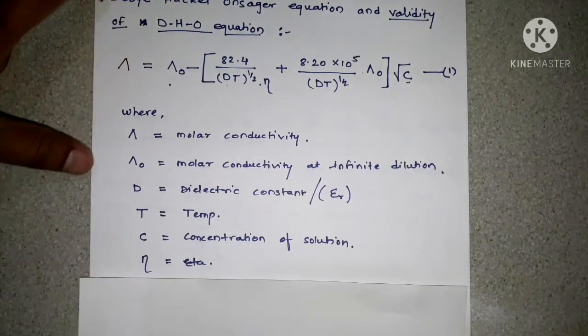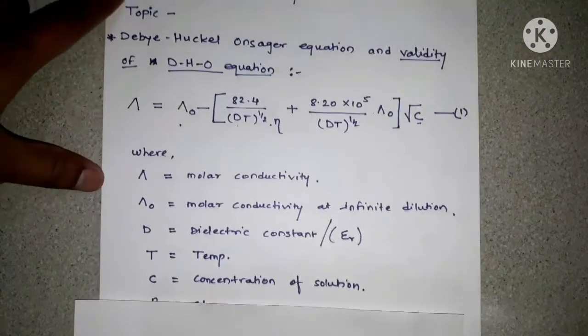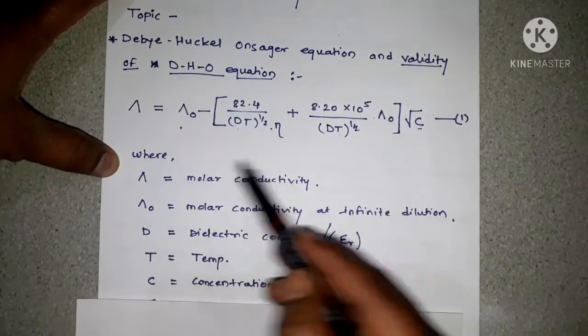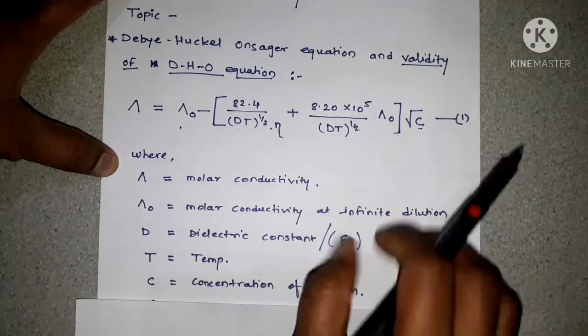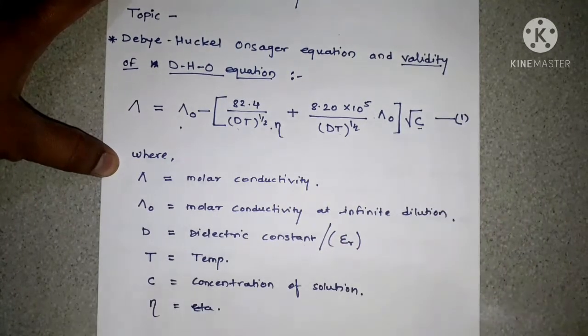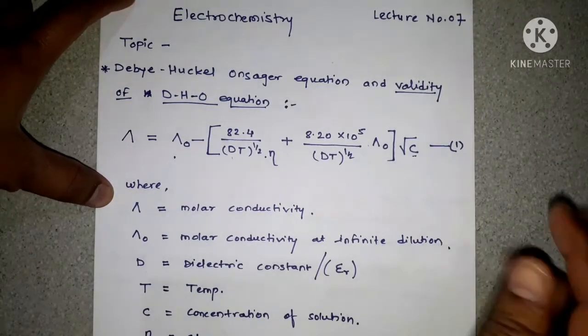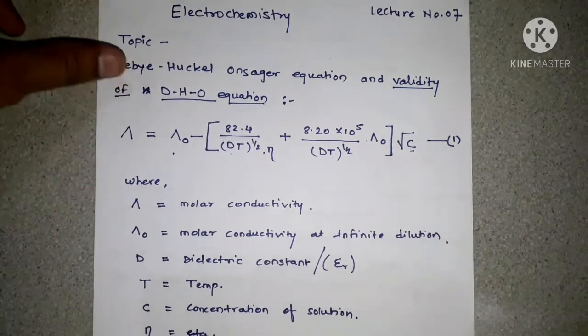So this is the Debye-Hückel-Onsager equation. Remember this, and these terms are involved in it.